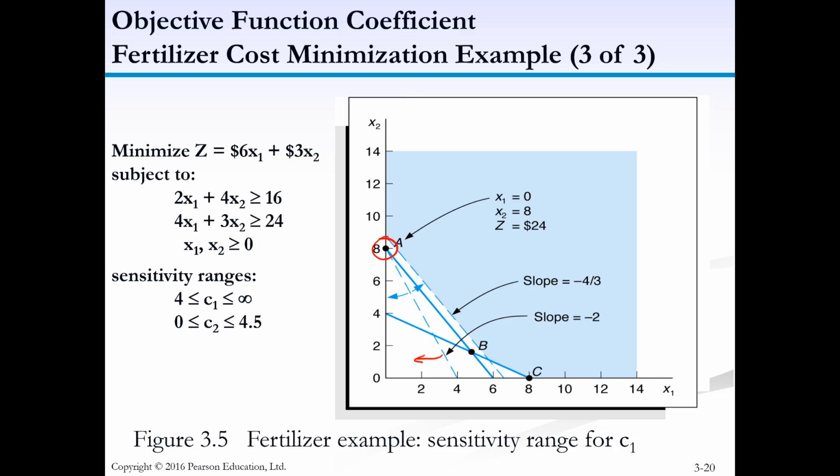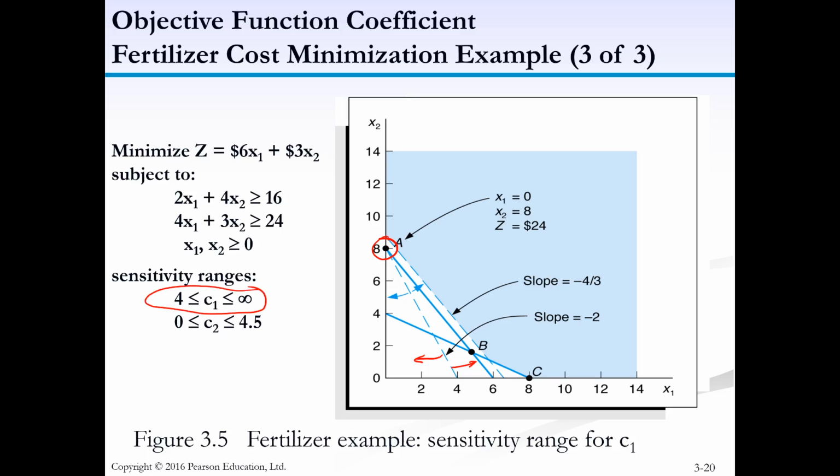On the other hand, if we start decreasing the coefficient of x1, then the isocost line will start moving toward this side, and when the coefficient goes to 4, point A will shift to point B. That establishes the range for C1.